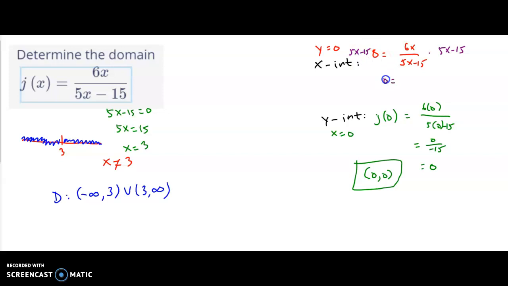So really you have 0 equals 6x, and x turns out to be 0, all right? So that means the x-intercept is also at 0, 0. So for this particular function, the x and y-intercept is at the same place, 0, 0. If you need to rewind and look through this work for x-intercept and y-intercept, I think that'll be really helpful.